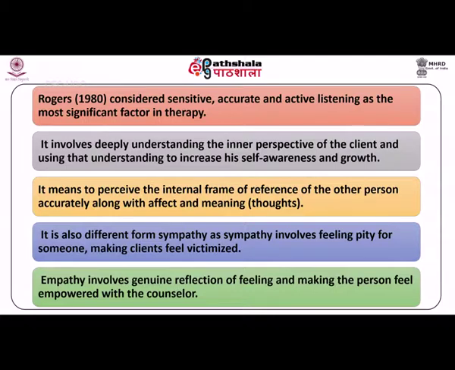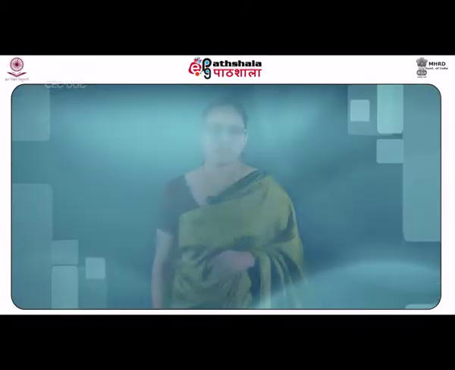It means to provide the internal frame of reference of the other person accurately along with affect and meaning. It is also different from sympathy, as sympathy involves feeling pity for someone, making clients feel victimized. Empathy usually involves genuine reflection of feeling and making the person feel empowered with the counselor.